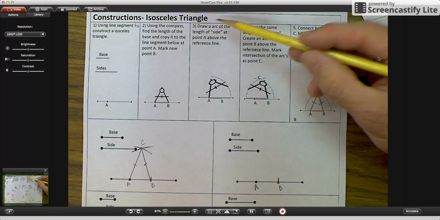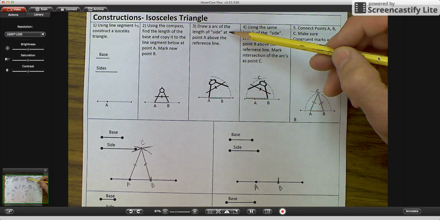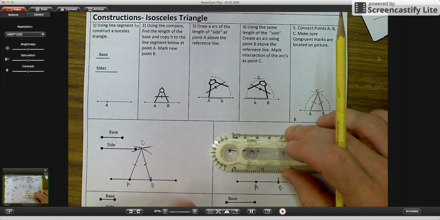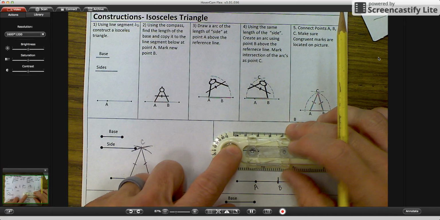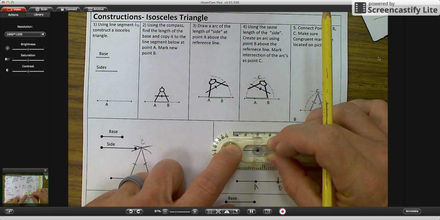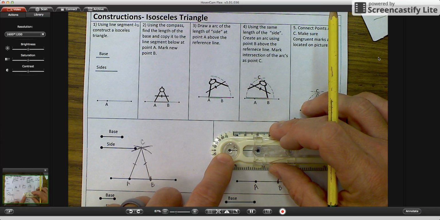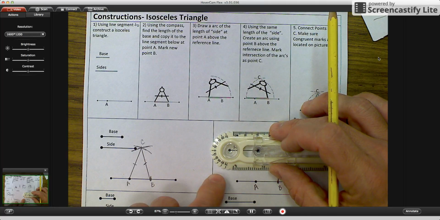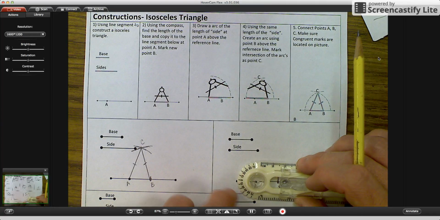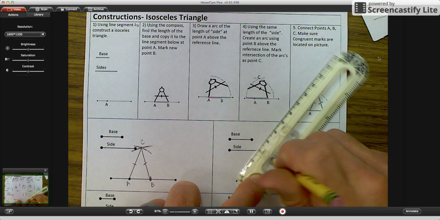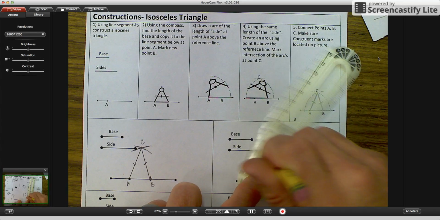And it says, draw an arc the length of the side at point A above the reference. Okay, so we are going to measure the length of the sides of our isosceles triangle. We have our point there and our point there, so that is the length. We're going to go to point A, and we're going to make an arc, or the X above.